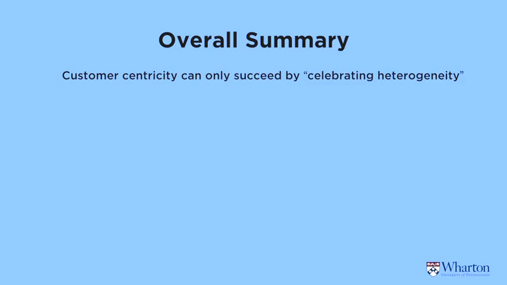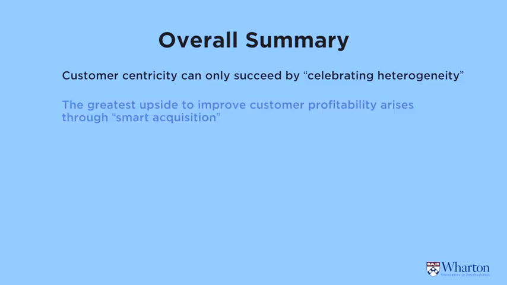And at the margin, or at least in many situations, the greatest opportunity to improve customer profitability is through what I like to call smart acquisition. Let's not just go out there and bring in a bunch of customers as cheaply as possible. But if we can be smart, if we can look at our customers, fully utilize all the data that we have on them, and understand how, when, and where we acquired them, we can go out there and get some really good customers.